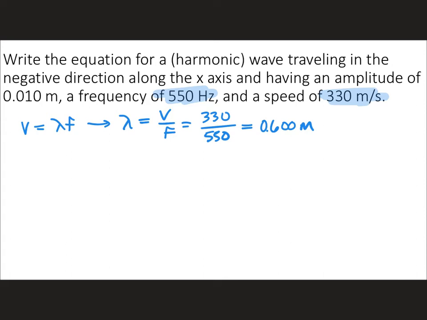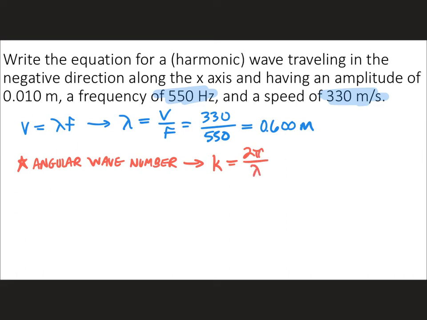Then there's this thing called the angular wave number, and we used it a few minutes ago. All right, and it happens to be the case that k, which was previously used for the spring constant, but that's not what we're dealing with, is 2 pi over lambda.